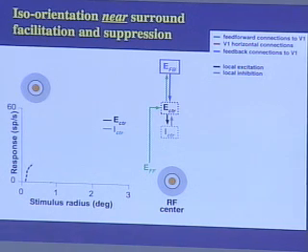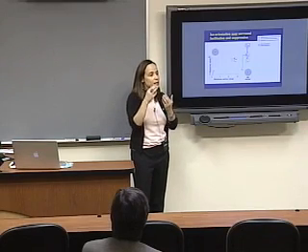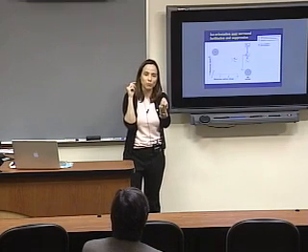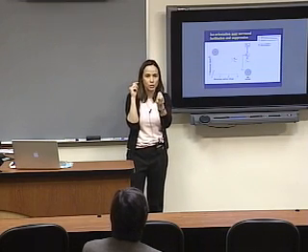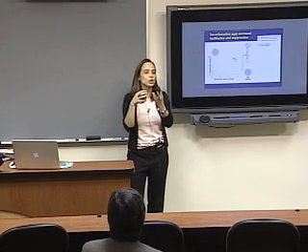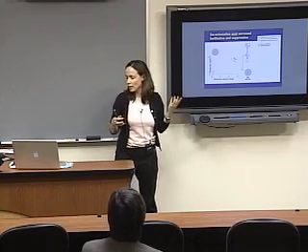I want to remind you that facilitation is seen predominantly when the receptive field center is stimulated with a weak, low contrast stimulus, whereas suppression dominates at high contrast. And our model can account for this.